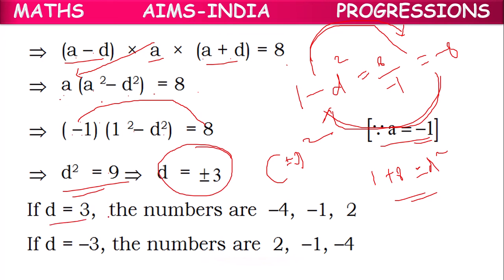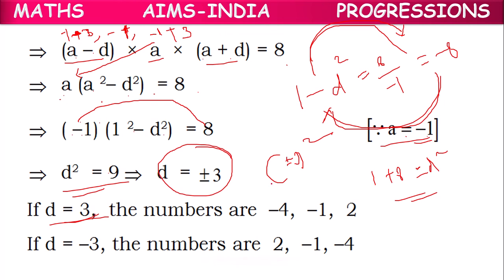If you take d as +3 and a as -1, then the numbers are -1 minus 3 comma -1 comma -1 plus 3.